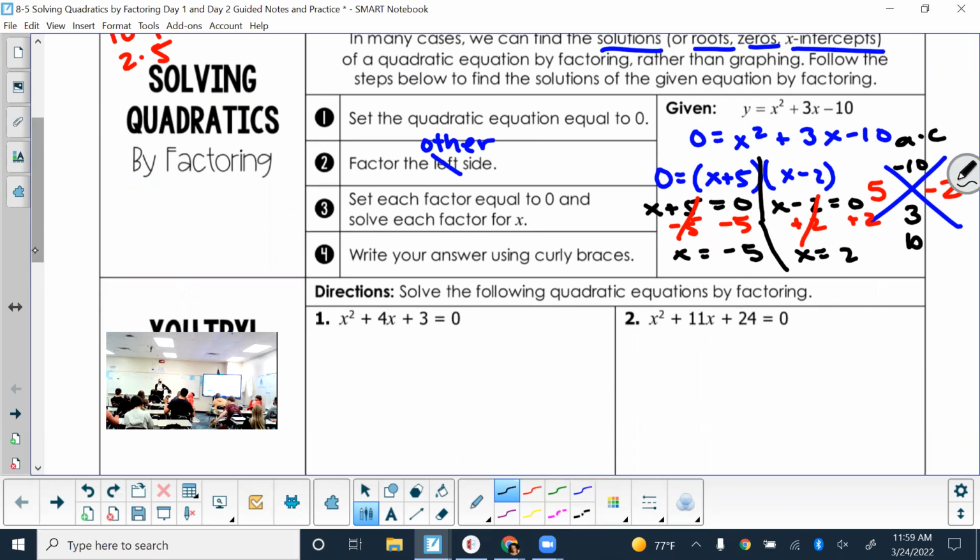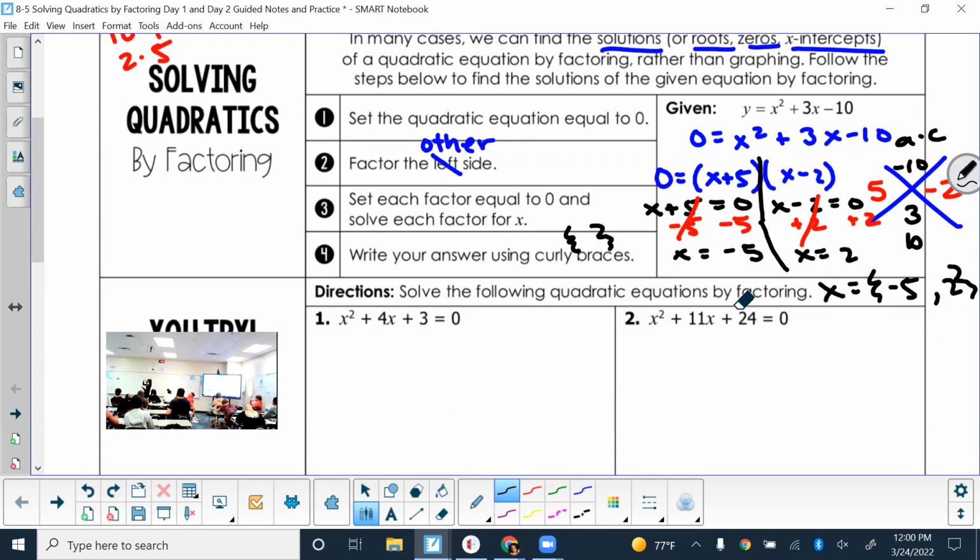Questions? Last thing, we just want to make sure our answer is written with those curly braces we talked about. So I'll squeeze it in down here. We would write it as x equals {-5, 2}, and then close your curly brace.